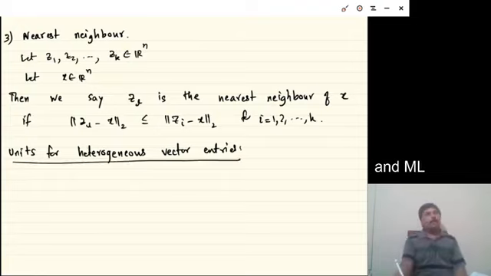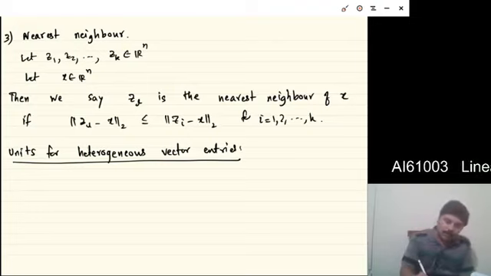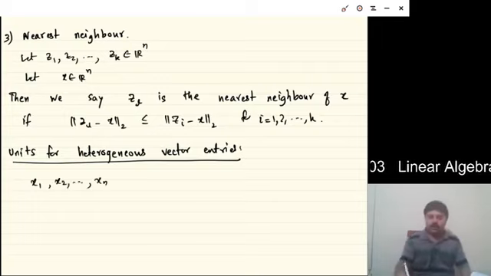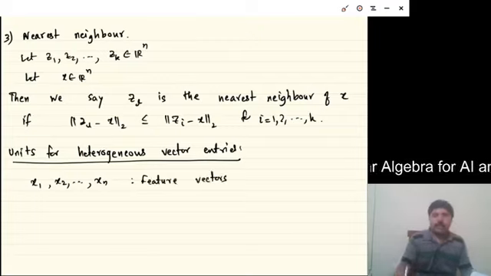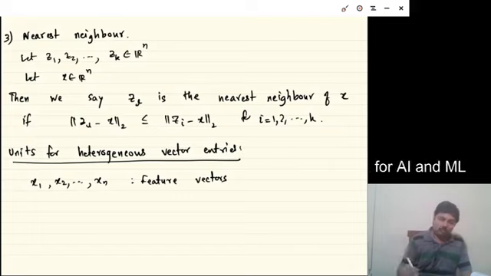So for example, consider the scenario of vectors x1, x2 up to xn. These vectors are actually feature vectors, and those feature vectors have only two features. So x1 has two components, x2 has two components, and so on and so forth.